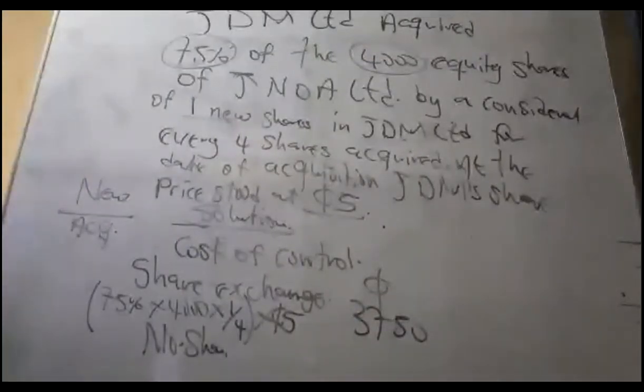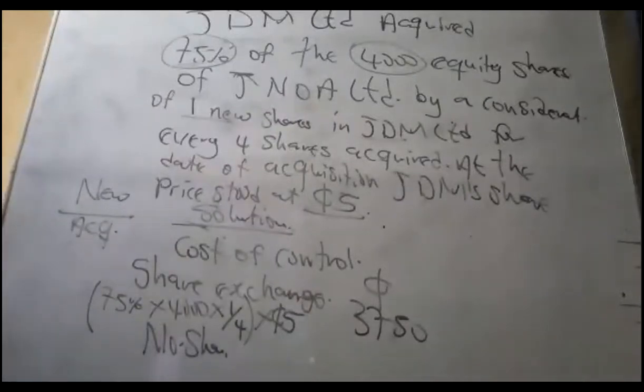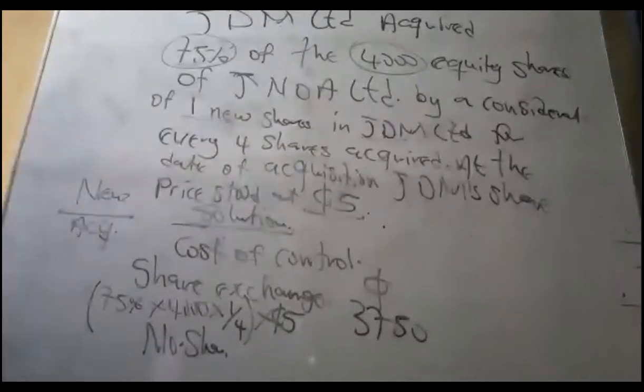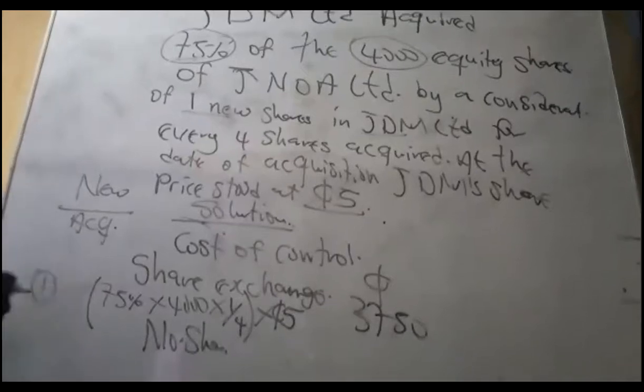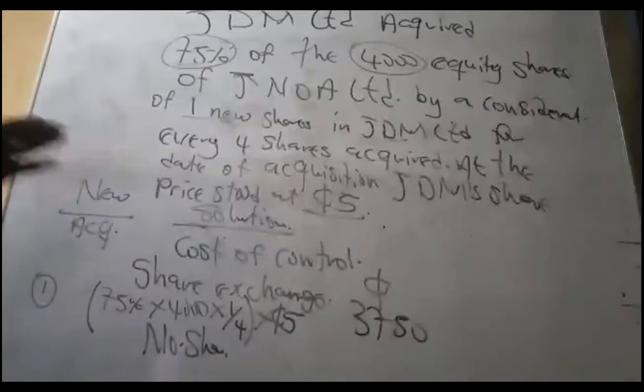What is the accounting treatment and consolidation treatment? If it has not been recorded, and that's what we are doing, we are going to record it by ourselves. So go to the parent share capital, JDM share capital. Whatever JDM share capital is, go and add it. Treatment number 1: add it to the parent share capital, the one who made the exchange, here JDM.